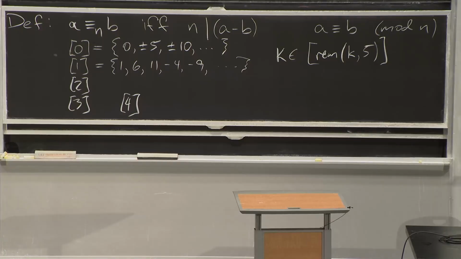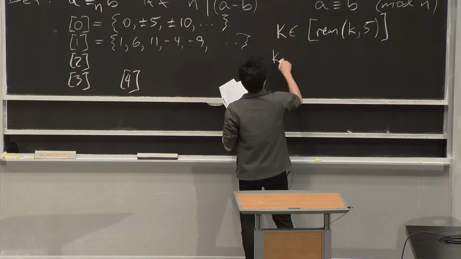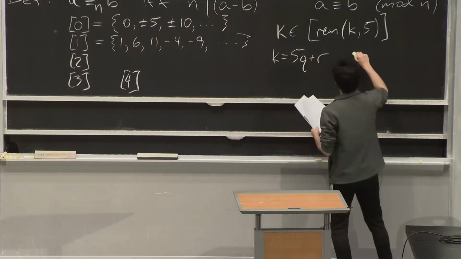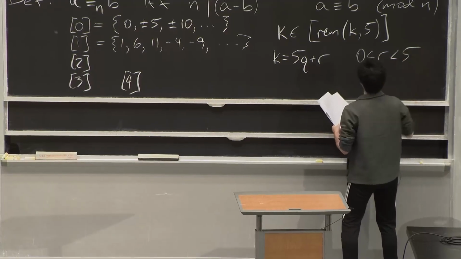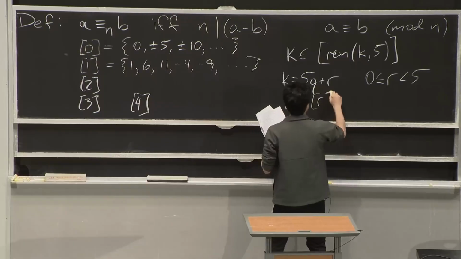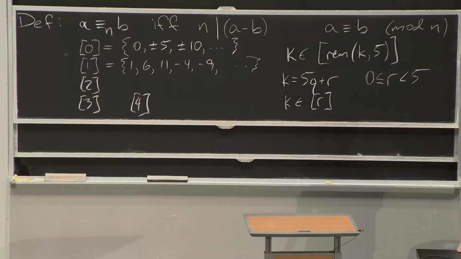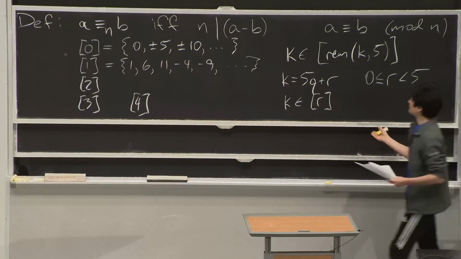So in particular, if we write K equals 5Q plus R, where R is between 0 and 5, then K is going to be an element of this set. Okay? Does that make sense to everybody? Reasonably happy with this?